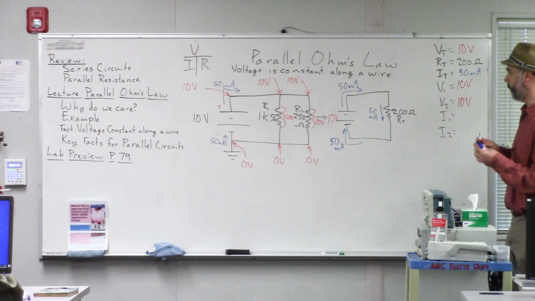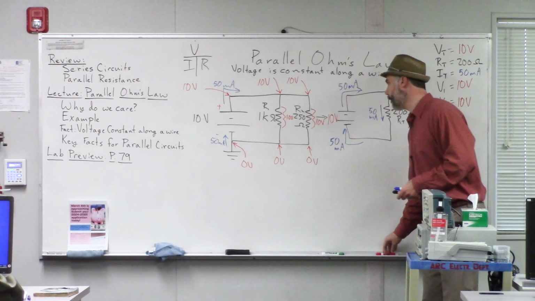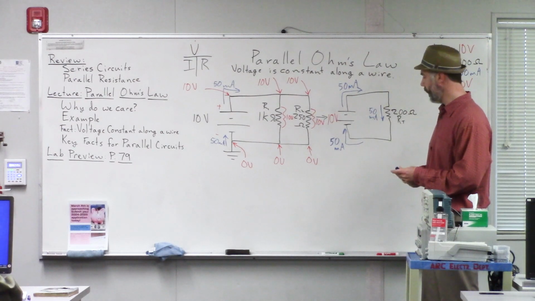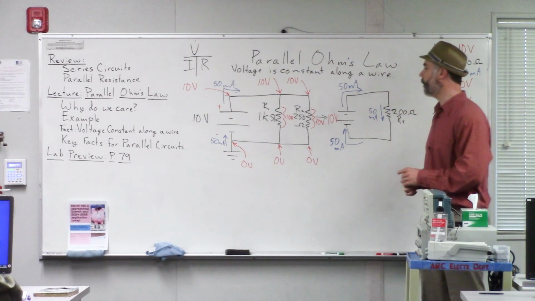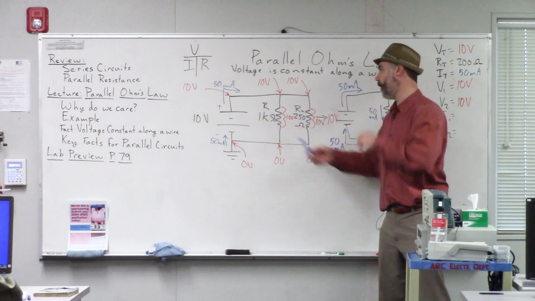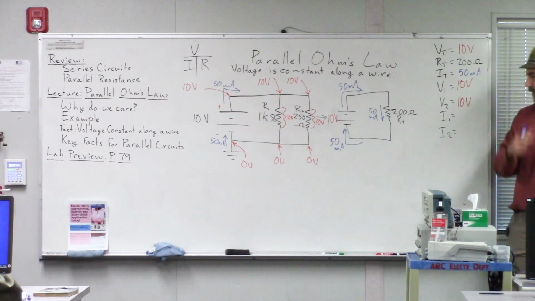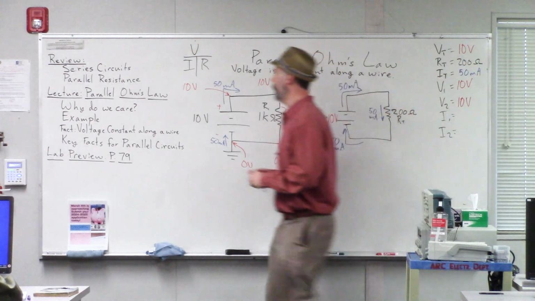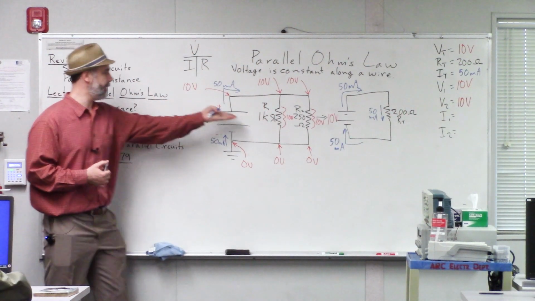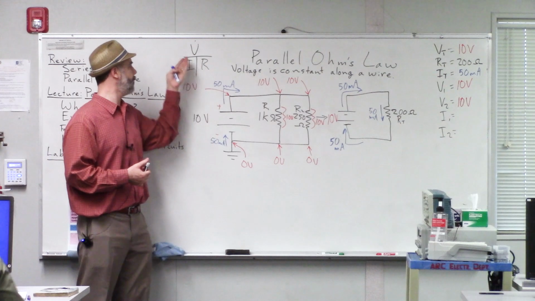And then let's look at the current here. So how can we figure out the current through R1? Ohm's law, that's right, perfect. So we know the resistance and we know the voltage, so we can figure out the current.